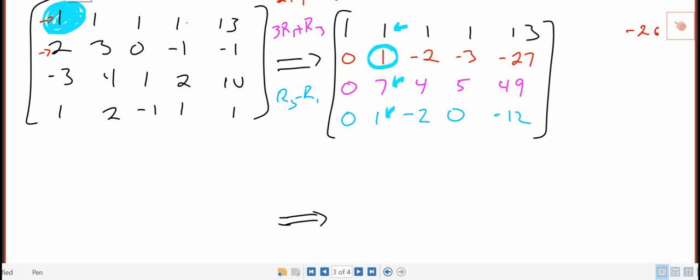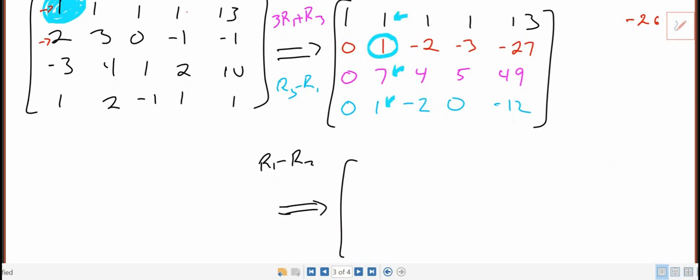All right, so to get a 0 above that, I can take row 1 and subtract row 2. So you'll notice now, here's the advantage of getting all those zeros in column 1 first.